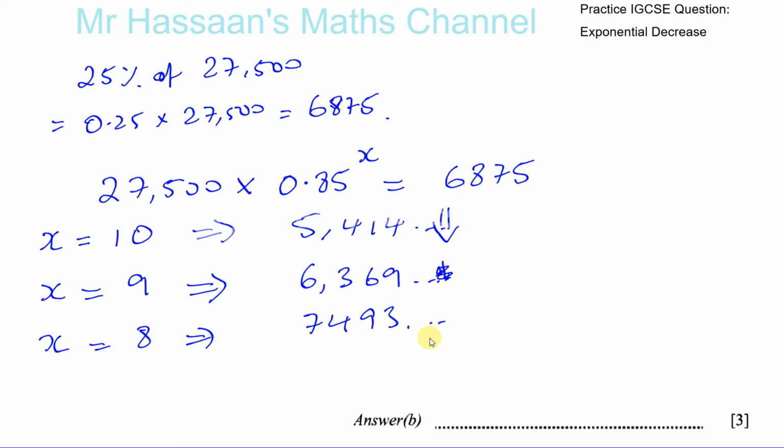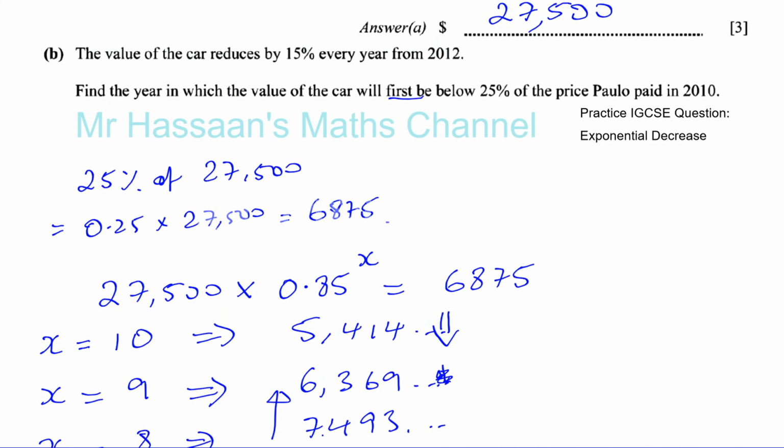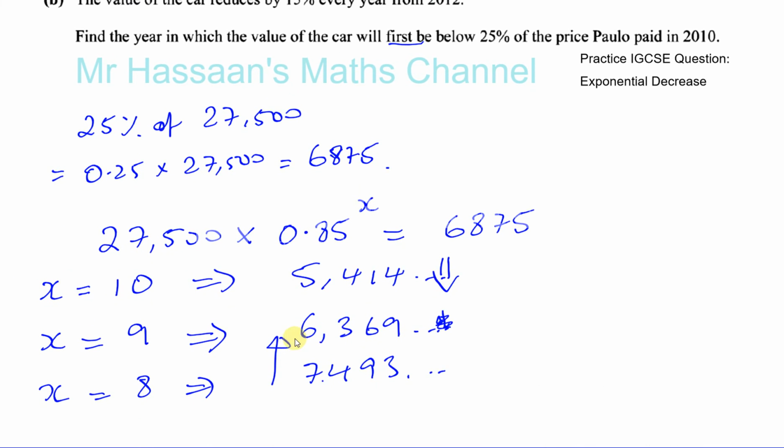All right, now we can see that the first time it drops below 6,875 is during the 8th year. At the beginning of the 8th year, its value will be 7,493, and at the beginning of the 9th year, it's going to be 6,369. If you look at the wording of the question, it says find the year in which the value will first be below 25% of the price Paolo paid in 2010.